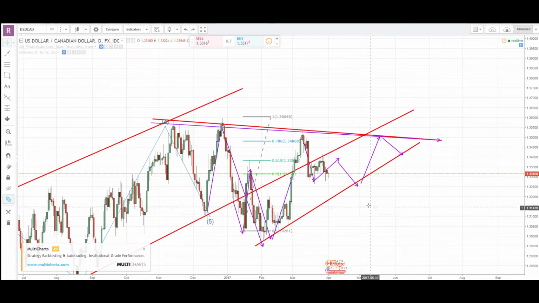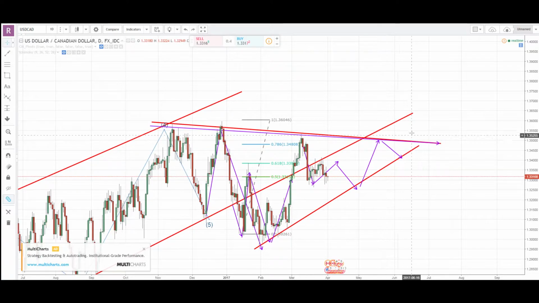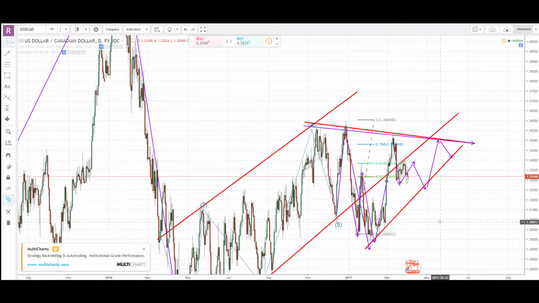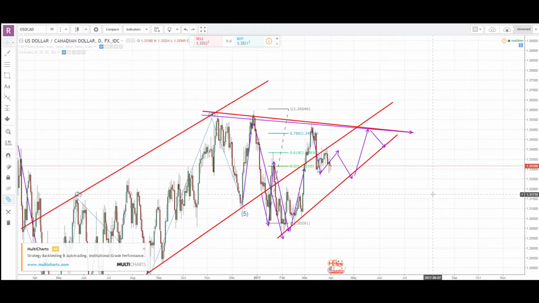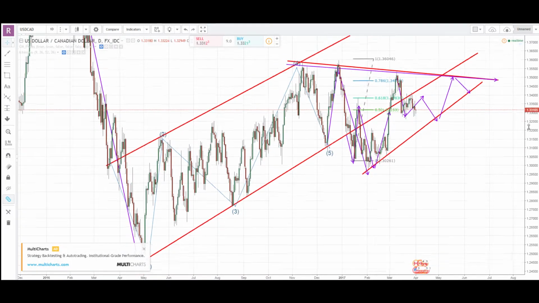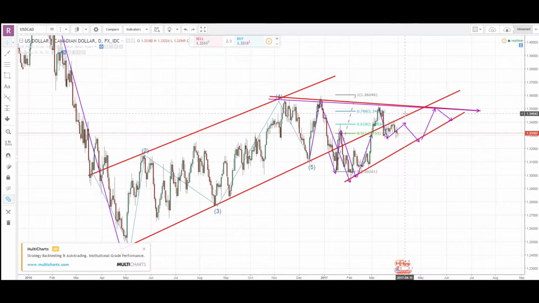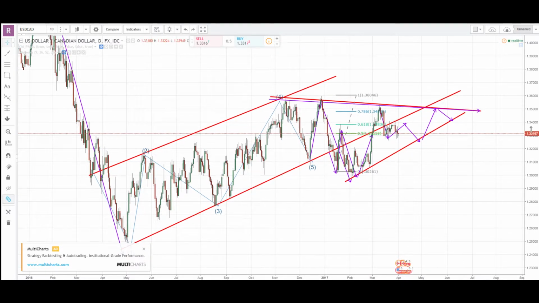Maybe next week we should trade the breakout of it, maybe upper or lower. But since it's a rising wedge, a rising flag, probably price will go lower, a lot lower.